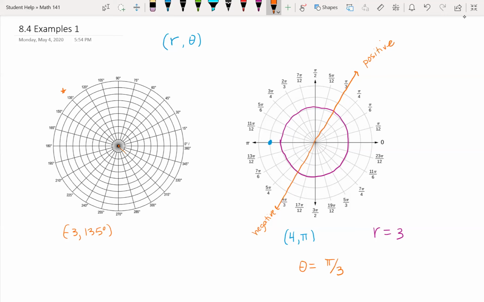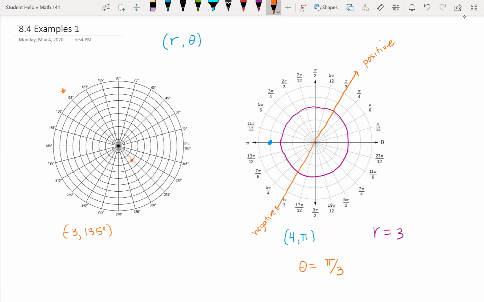So I'm going to actually go out this direction, until I'm at 3 places out, 3 rings out. So that point is going to be here. Kind of hard to see on this. 1, 2, 3, right here is going to be the point (-3, 135 degrees).